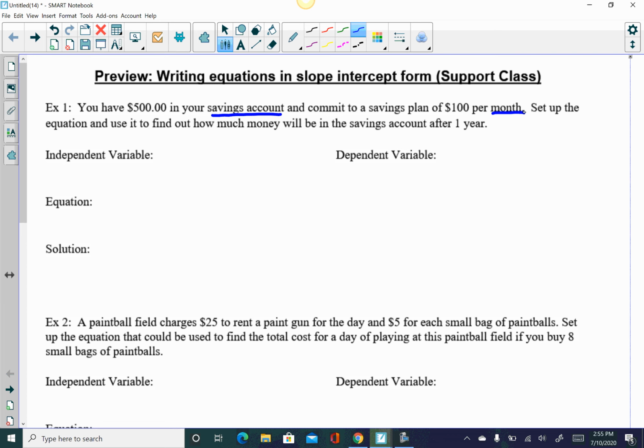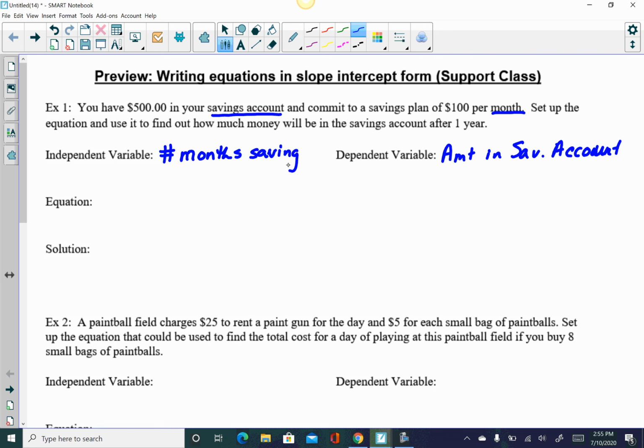So hopefully you would agree that the amount in the savings account would be dependent upon the number of months that you've been saving. And remember that for our independent and dependent variable, this is your x and this is your y.